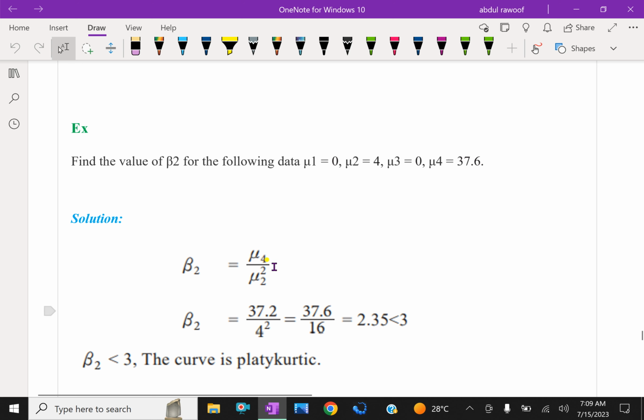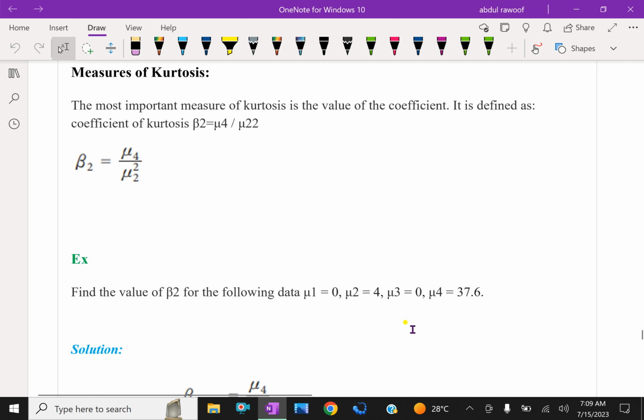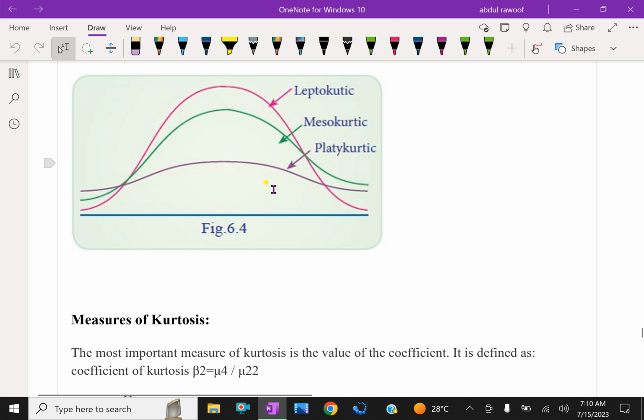Solution: beta 2 equal to mu 4 over mu 2 square, which is equal to 37.6 over 4 square, which is 37.6 over 16, that is 2.35, which is lesser than 3. Therefore, beta 2 is lesser than 3. The curve is platykurtic.